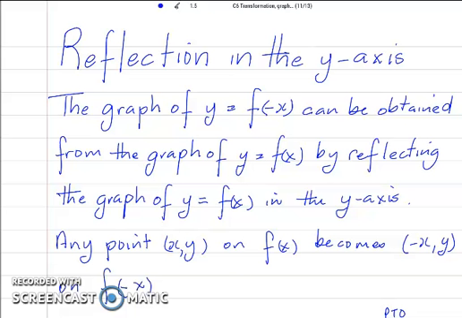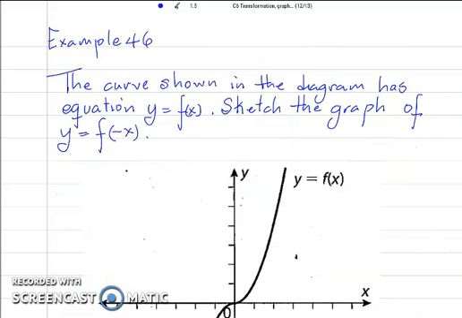So in other words, if I have a coordinate on f of x, I can get the coordinate on f of minus x by changing the sign of the x-coordinate and the y-coordinate remaining the same. Let's have a look at an example. And also, we must just remember, it's simply a reflection in the y-axis.